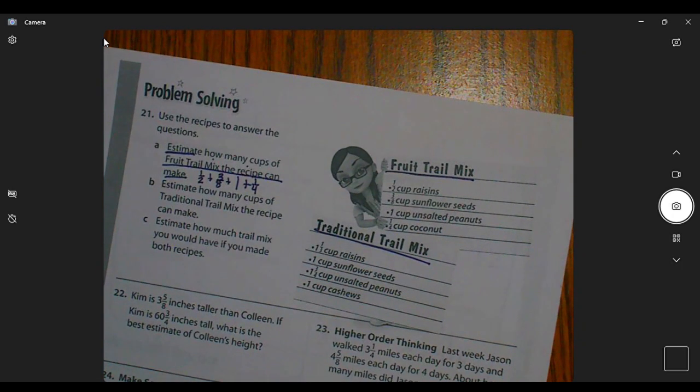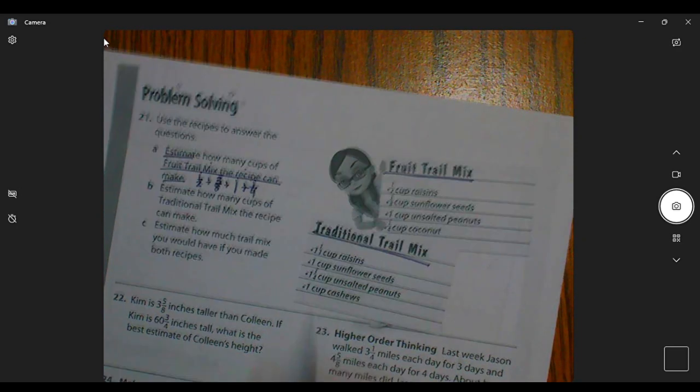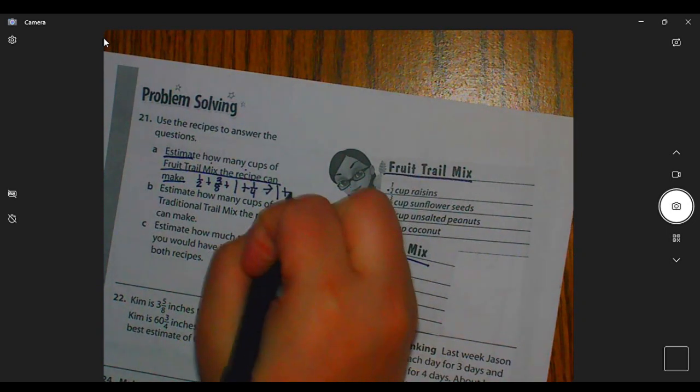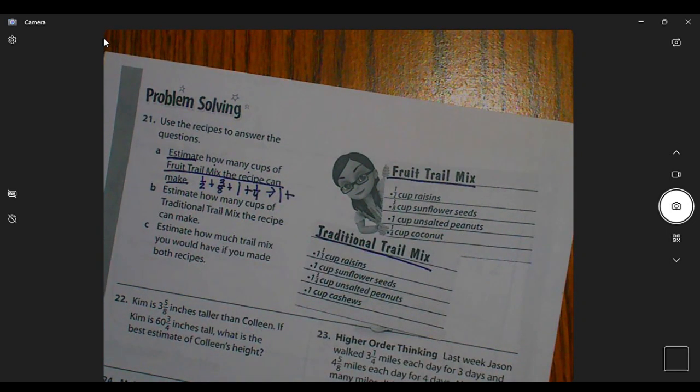1/2. When I'm looking at a number line, 1/2, will that round up to 1 or will it go down to 0? Yeah, it goes to 1. So I'm going to say 1 plus 3/8. Where would that fall on the number line?